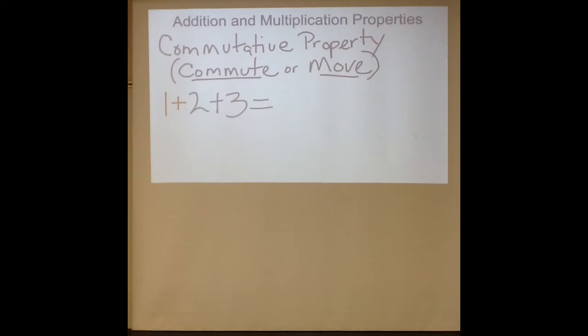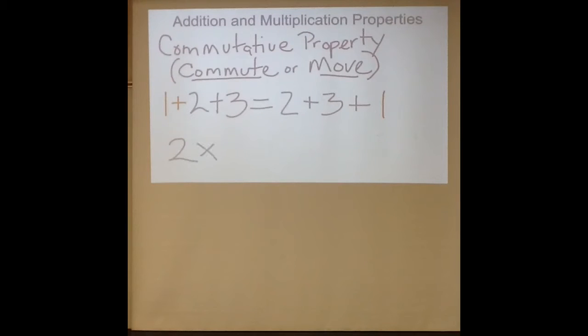So we're going to have a 2 plus, let's say, 3 plus 1. Do you see the way the numbers have moved? That's using commutative property.